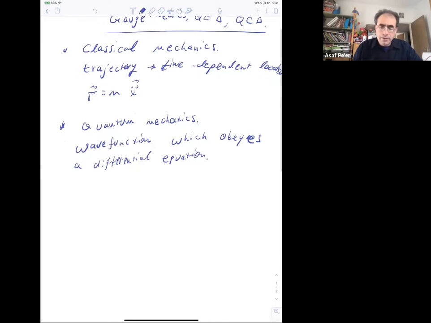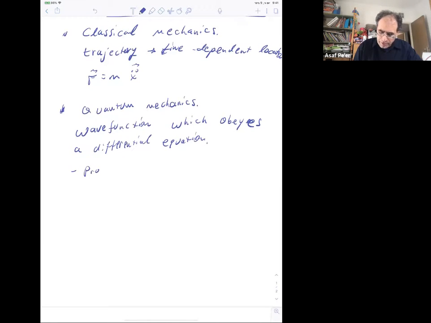Now, in the framework of quantum mechanics, the probability of finding a particle somewhere is always unity.